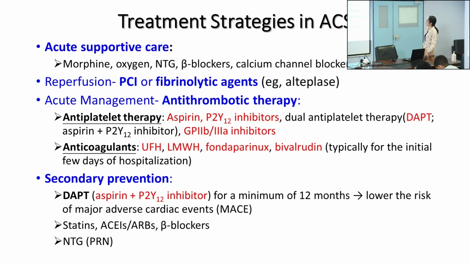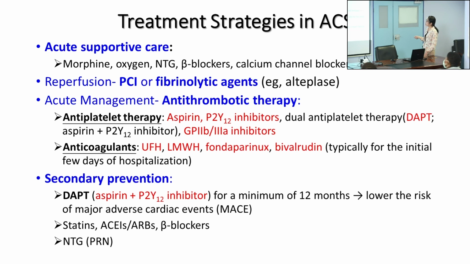Okay. So this is the brief, general treatment strategies in acute coronary syndrome. Aside from the acute supportive care and reperfusion, no matter in the acute management or secondary prevention, we very often use antithrombotic therapy.